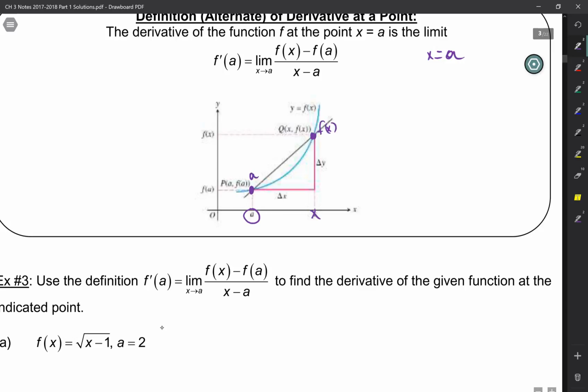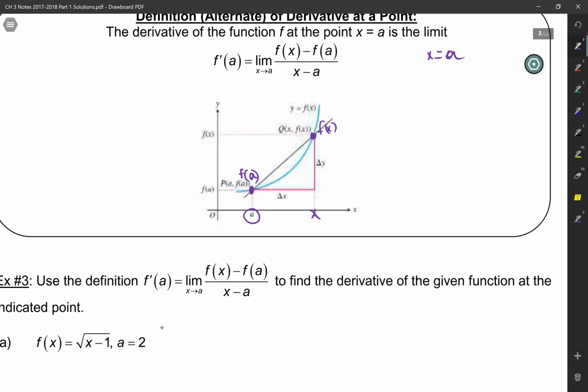So this is f of a, this is f of x. Let me repeat what I'm saying. You need to find the derivative at the point a. So you mark that point, and then you go to any random point, and now you have this secant line, right? Remember what we used to do in order to make the secant into a tangent?